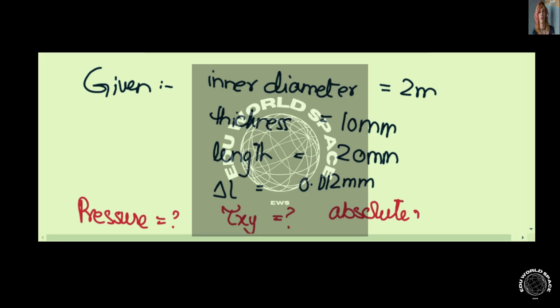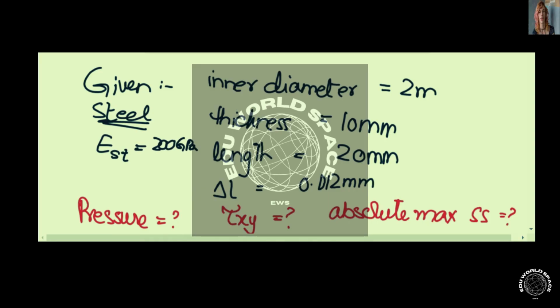The material is steel, and its elasticity is equal to 200 gigapascals, and Poisson's ratio epsilon is equal to 0.3.